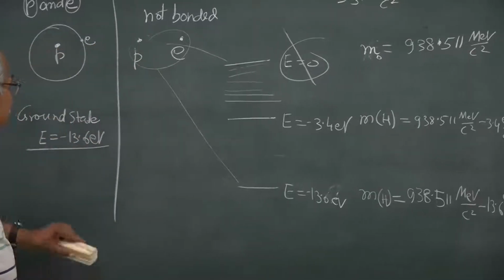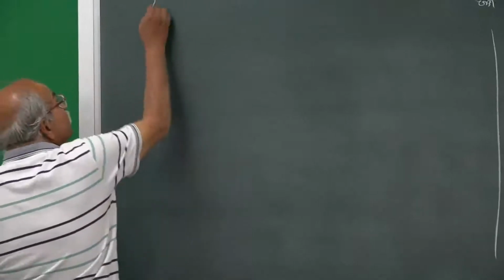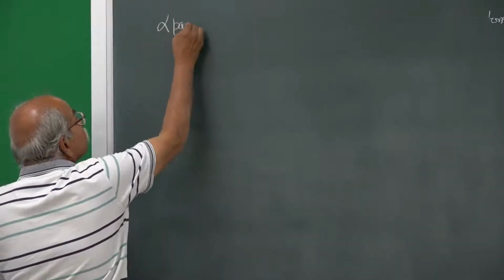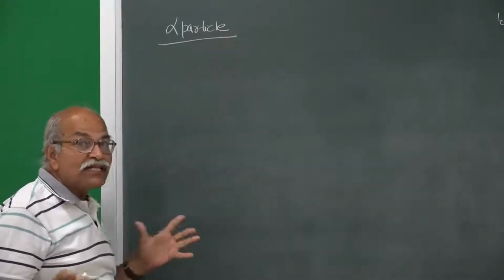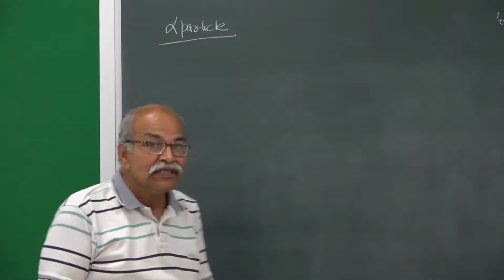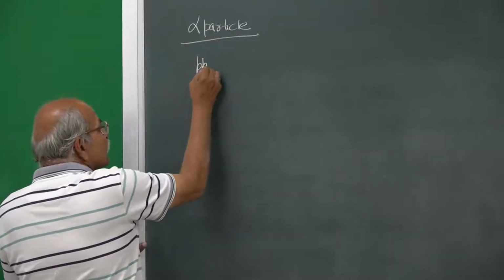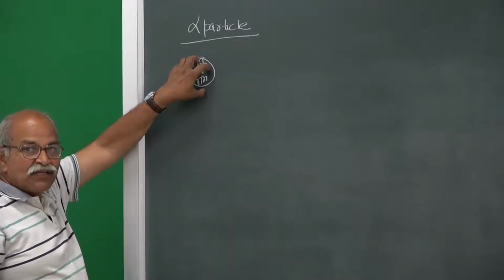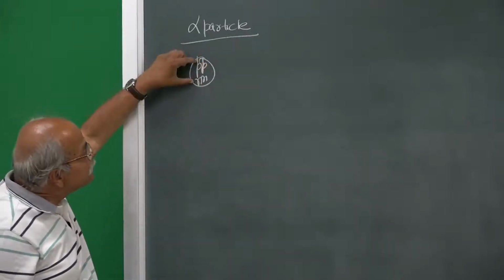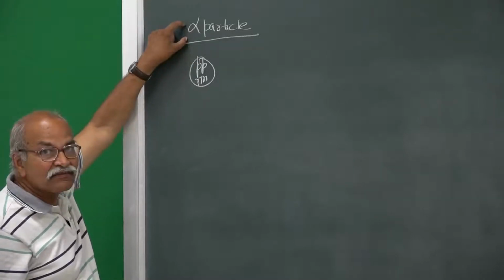Let us say helium, the alpha particle. What is an alpha particle? An alpha particle is the nucleus of a helium atom. The nucleus of a helium atom is 2 protons and 2 neutrons bound together in a very small volume, which is also called an alpha particle.